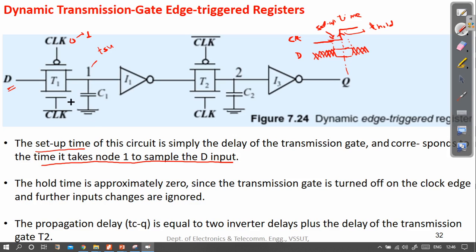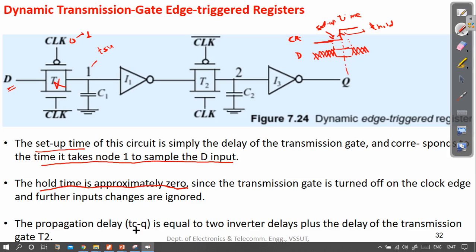When the clock changes from 0 to 1, this transmission gate turns off, and any changes in the external input won't affect this node signal. Because of this, the hold time for this circuit would be approximately 0.